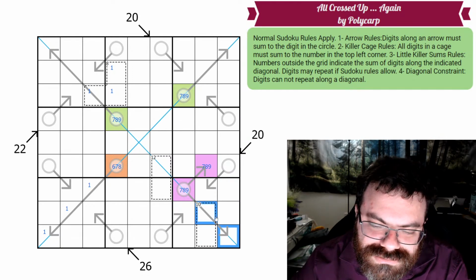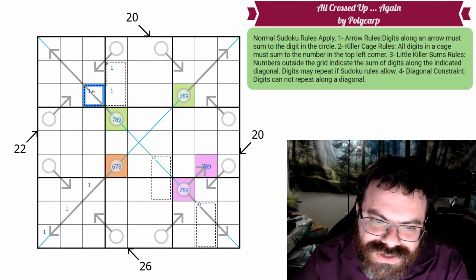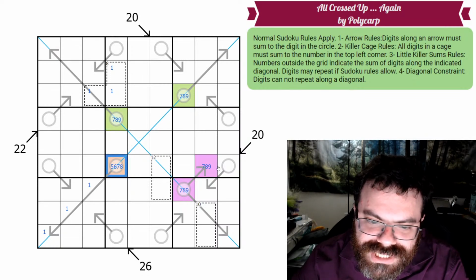I see. So if orange is 8, that puts it here with a 1. 1, 8 makes 9. But also up here, we can no longer have a 1 on this diagonal because the 1's down here. So this would have to be 2, 3, 4 and makes both purple and green 9. So orange can't be 8.